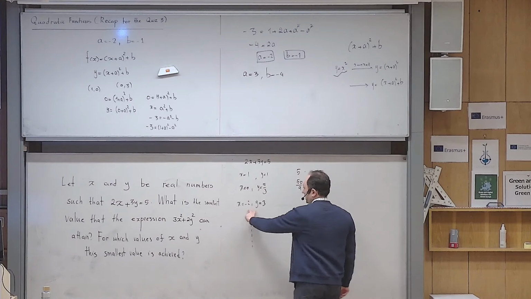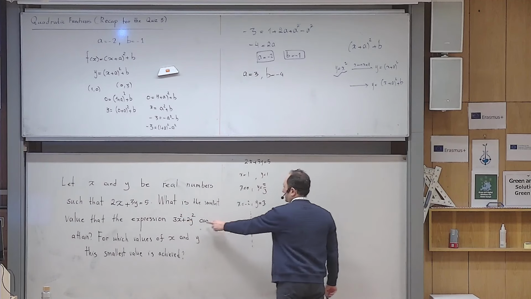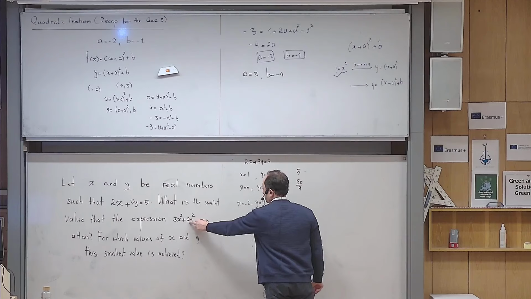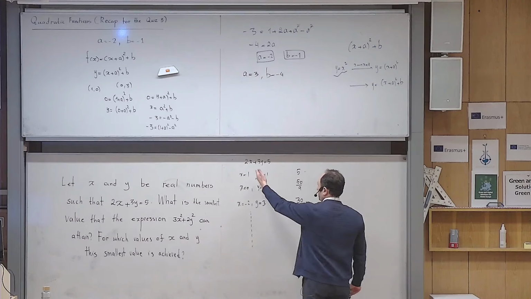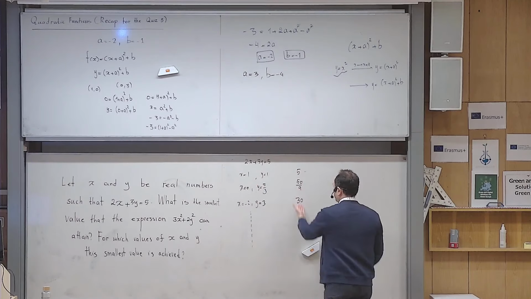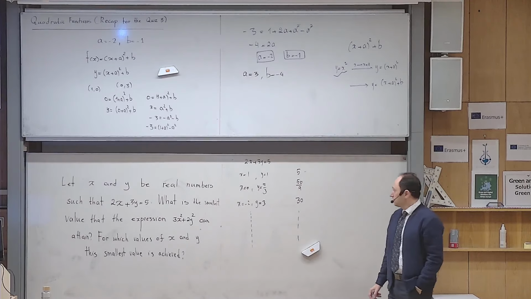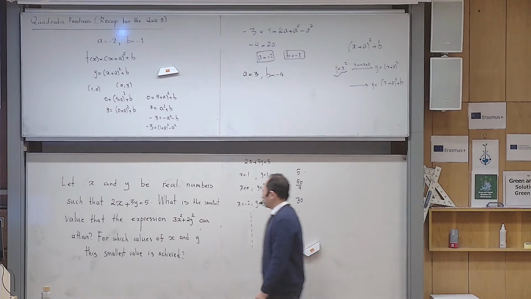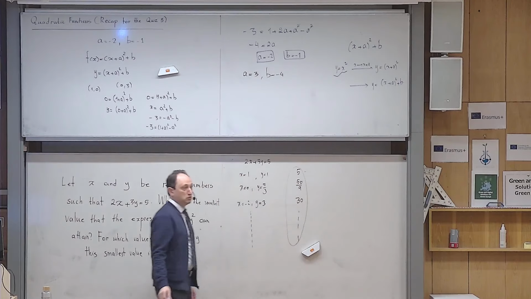Let us put these numbers there. So it becomes 12, and this becomes 18, 30. So you see, there are infinitely many pairs here, which give rise to infinitely many numbers here. The question is, which number in this list is the minimum possible number?